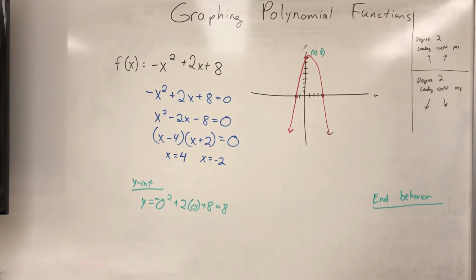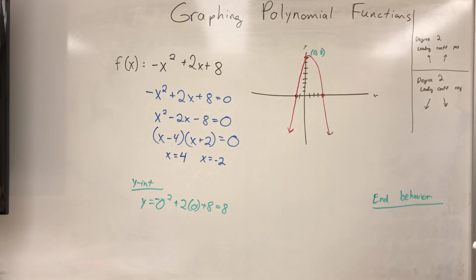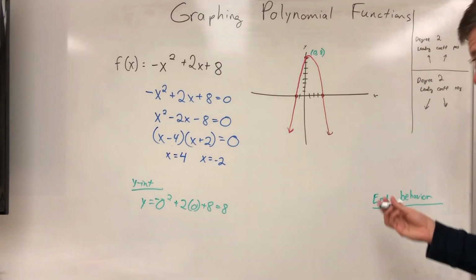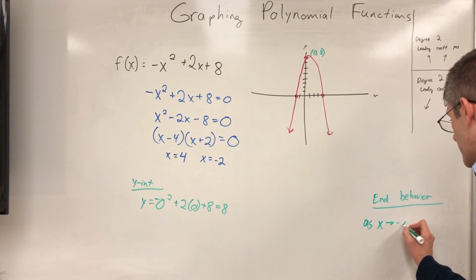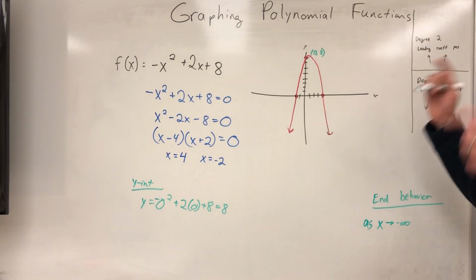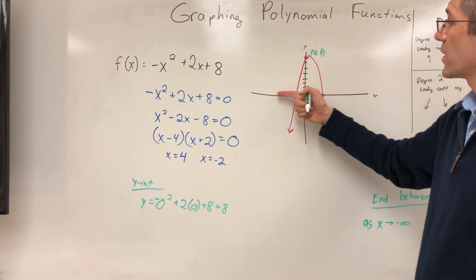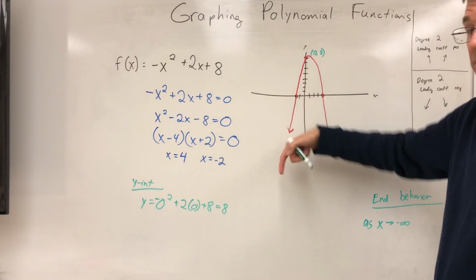Let's go ahead and discuss end behavior while I'm standing here at the board with a green marker conveniently in my hand. So for end behavior, we need to see what happens as we go to the left and as we go to the right. So as x approaches negative infinity, that's just my way of saying we're going to move to the left. Tell me what the graph does. Oh, it goes down.